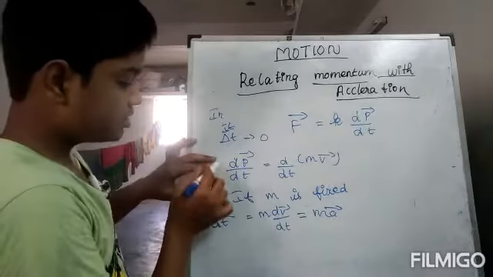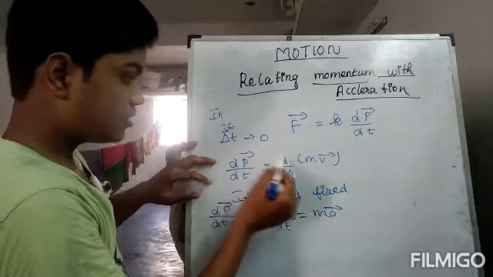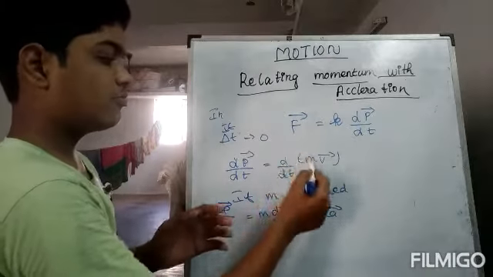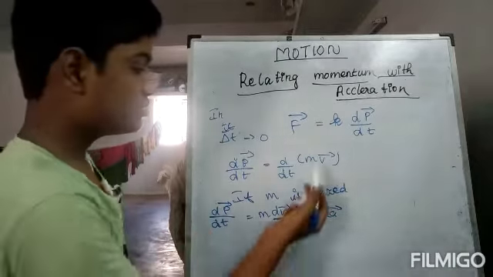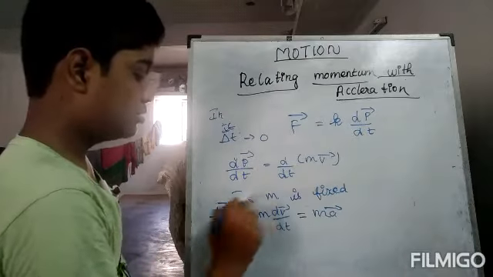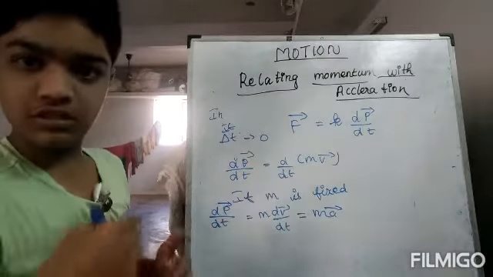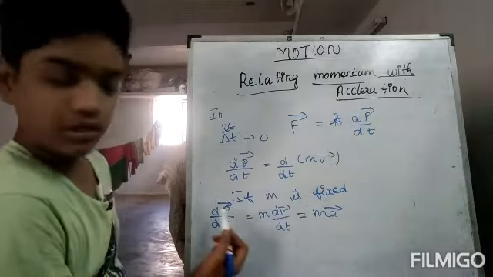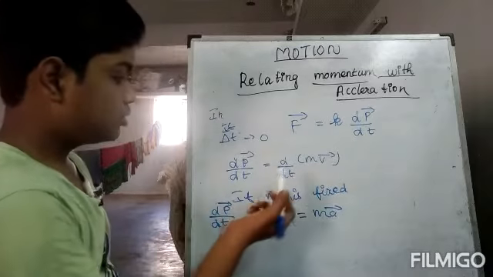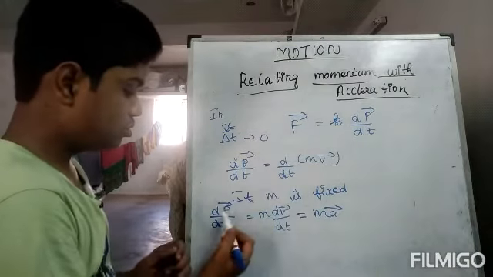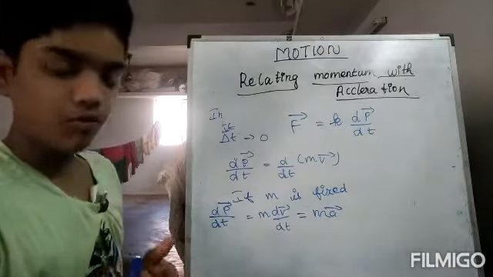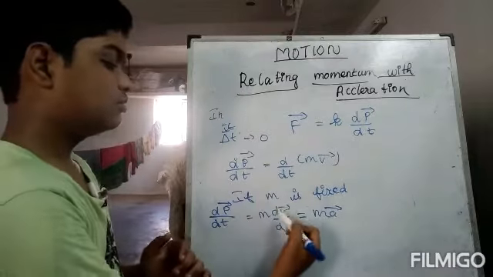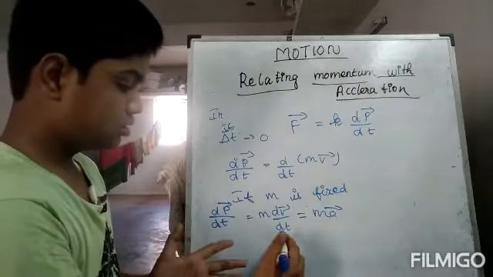When we apply this del t for momentum, we apply the same formula, mass times velocity, by del t. The mass is fixed always, so this formula changes to del momentum by del time is equal to mass times del velocity by del t.